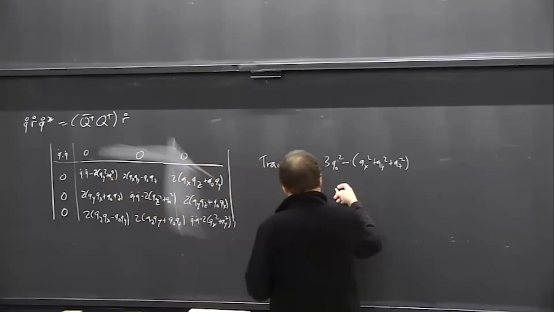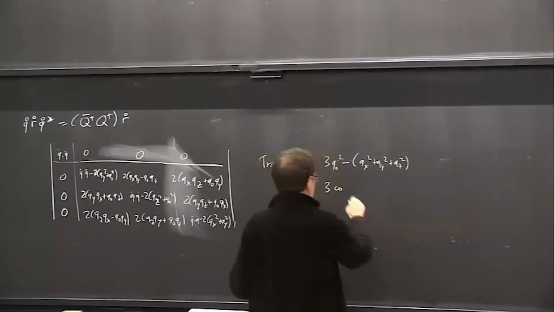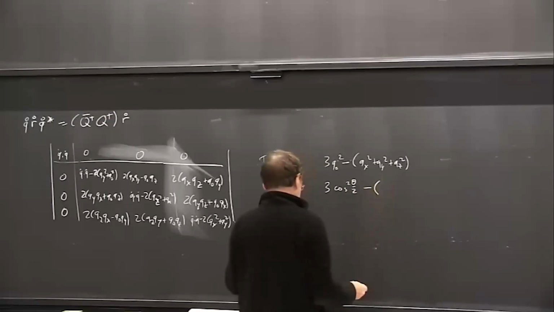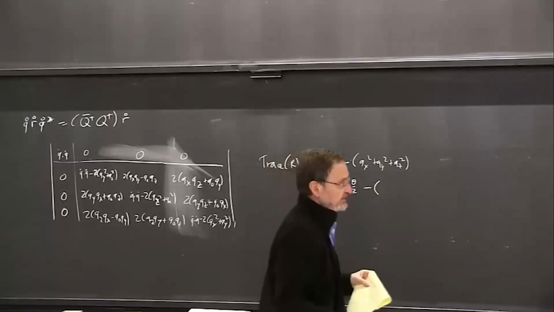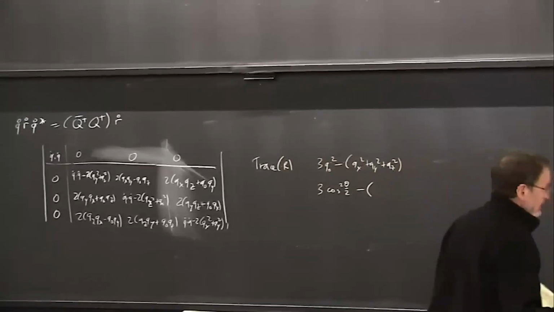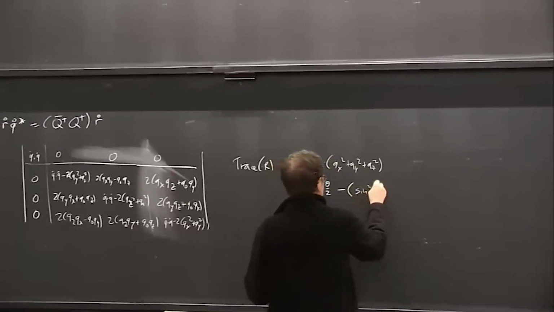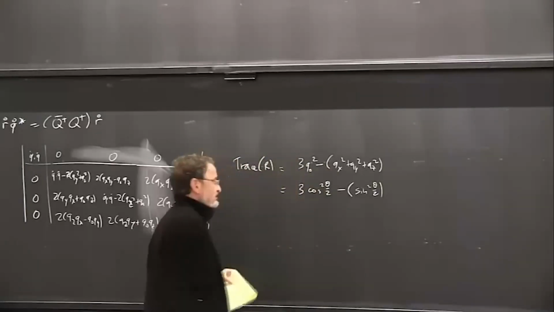And of course q0 we said over there was cosine of half the angle. And then each of these is proportional to sine of half the angle, and it's a unit vector. So if we take the square of these, we should get sine squared theta over 2. So trace equal to that.